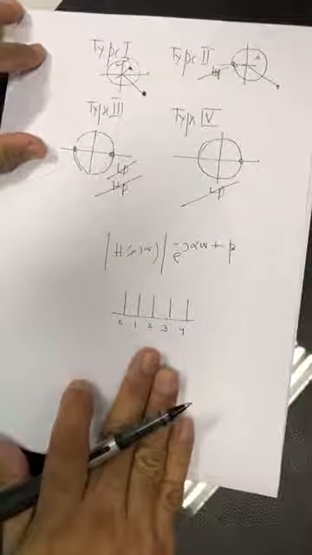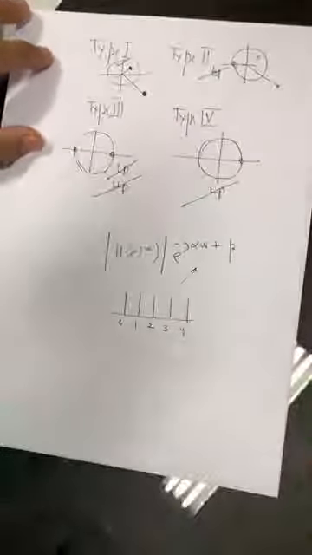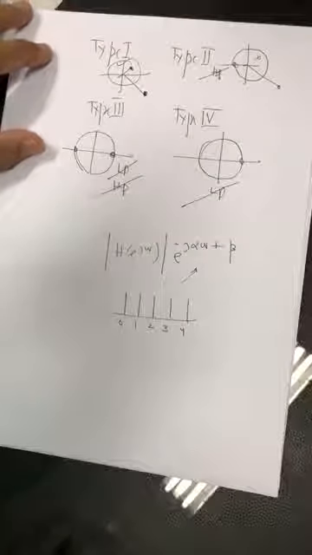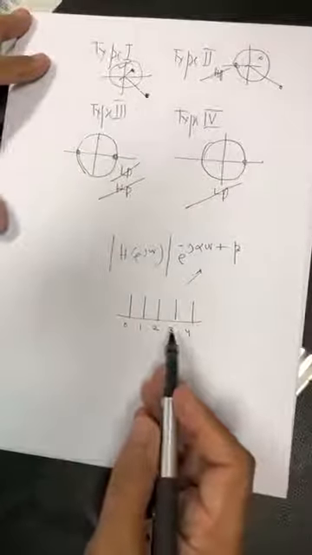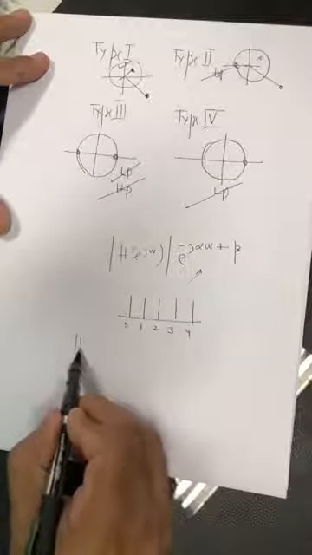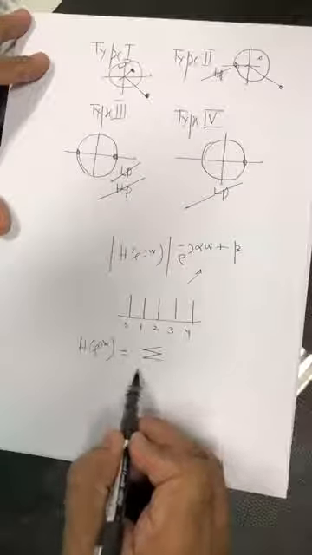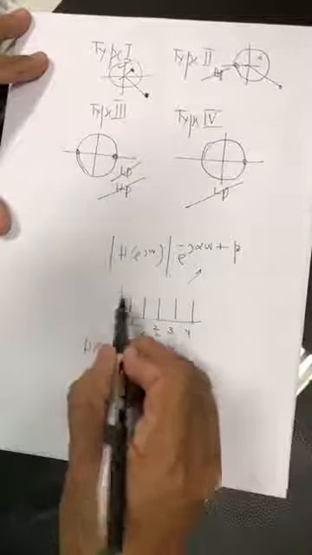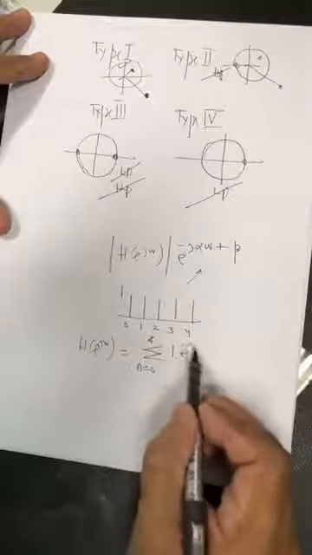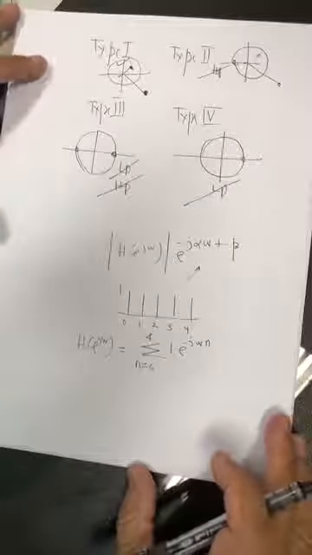If I ask you to convert it, put it in this form, and you say, oh, no problem, I can put it in this form, and for that you take its Fourier transform, and you know the Fourier transform is H(e^{jω}) equals the sum over n from 0 to 4, everywhere it is 1, 1, 1, 1, times e^{-jωn}. This is a formula for finding the Fourier transform.